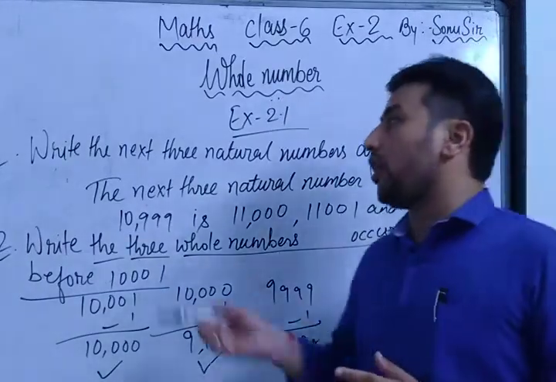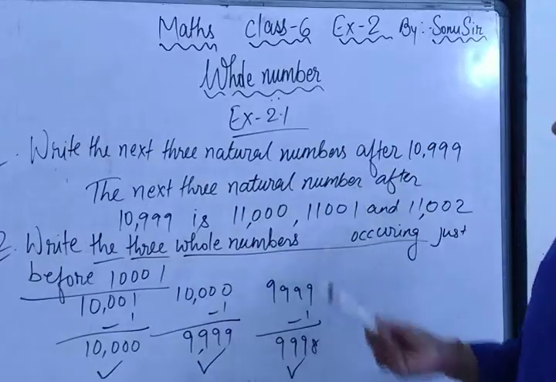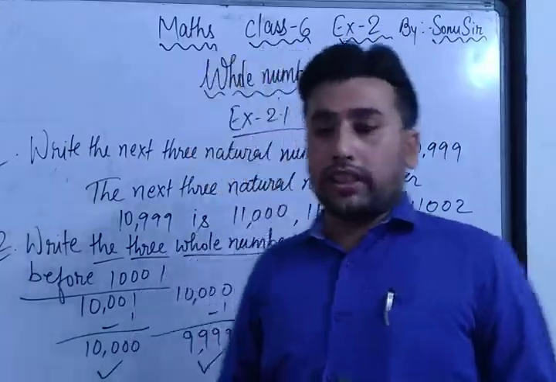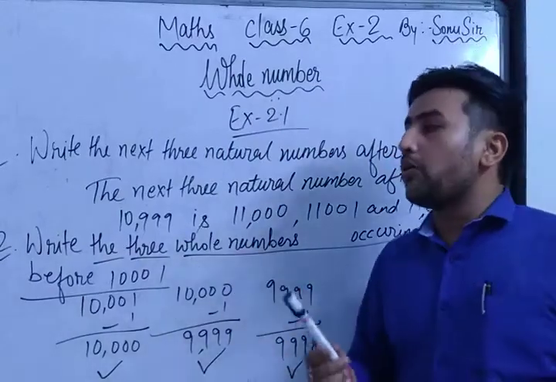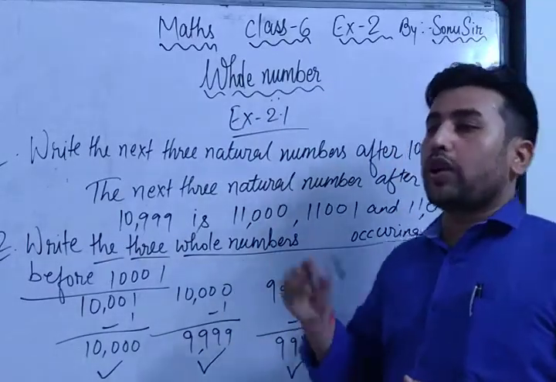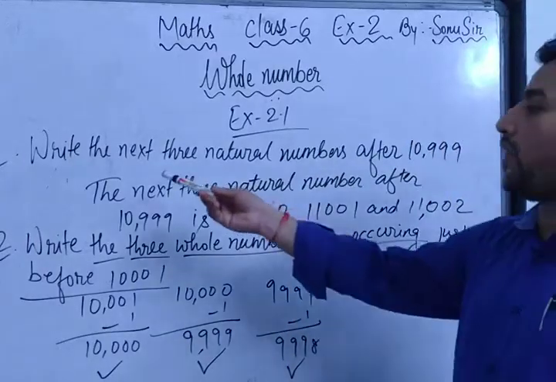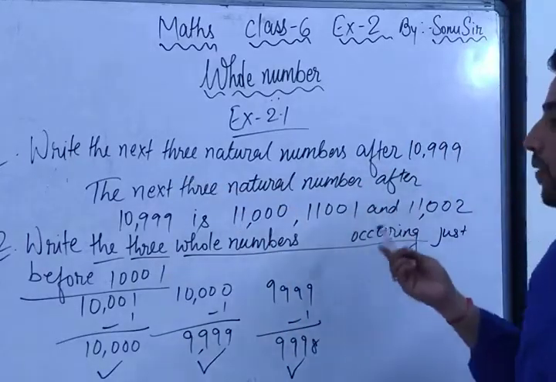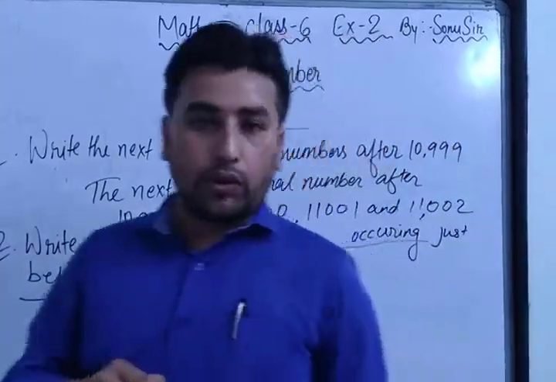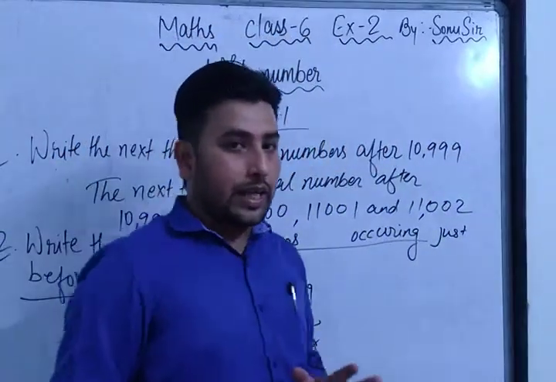After getting all this knowledge, we started our exercise. In the exercise, the first 2 questions were about the successor and predecessor. As I informed you, here is how to take the next 3 numbers just after, and here the whole numbers 3 before. I hope all of you are understanding.